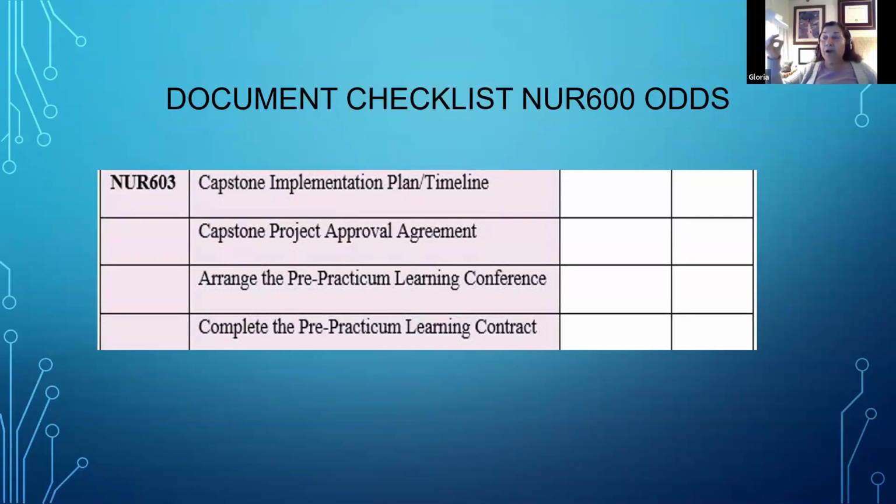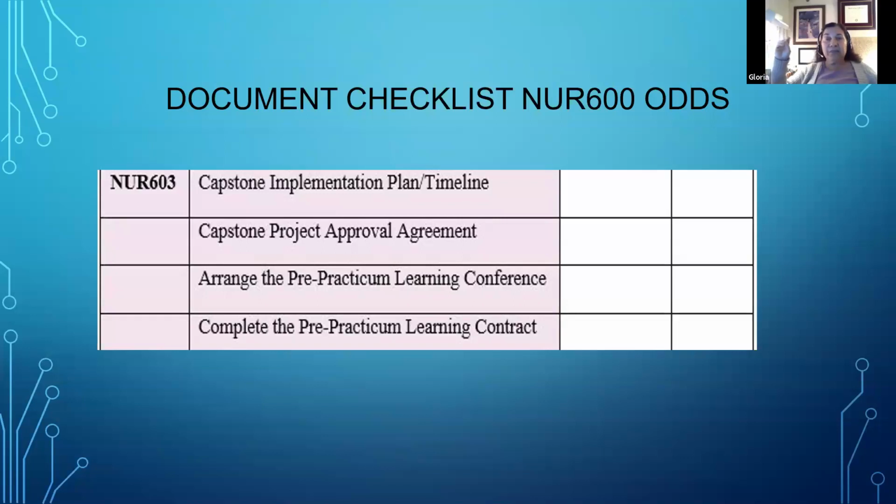And for the most part, I always have my students with me because this is the time we review the completed pre-practicum learning contract. This is the time that the preceptors will get together, the three of us now, the student, preceptor, myself, and we go over each of the goals. We go over how they're going to be completing the goal and what method of assessment they're going to be using.